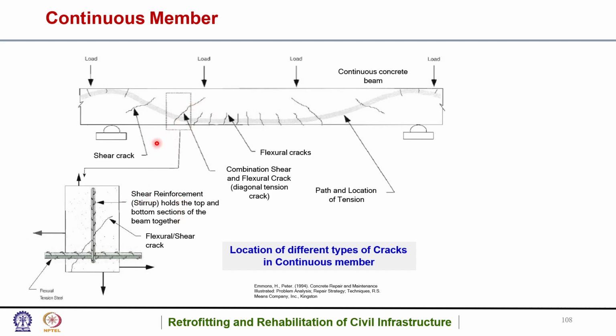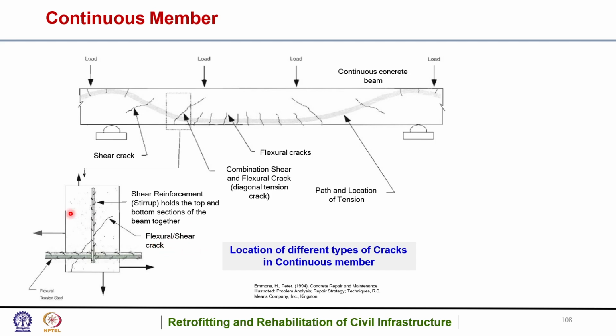If we cut the section also, we can see the shear reinforcements are present, which we call stirrups in the case of beams, and in the case of columns we call them tie bars. The stirrups hold the top and bottom sections of the beam together basically.